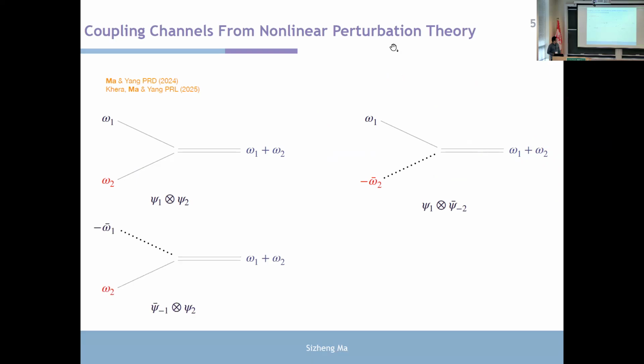And similarly, we can exchange the roles between 1 and 2, and this brings us to the third channel. And finally, we have the coupling between those two barred modes. So in the end, for a given quadratic mode, it is sourced by 4 channels, and there are 4 parent modes involved.